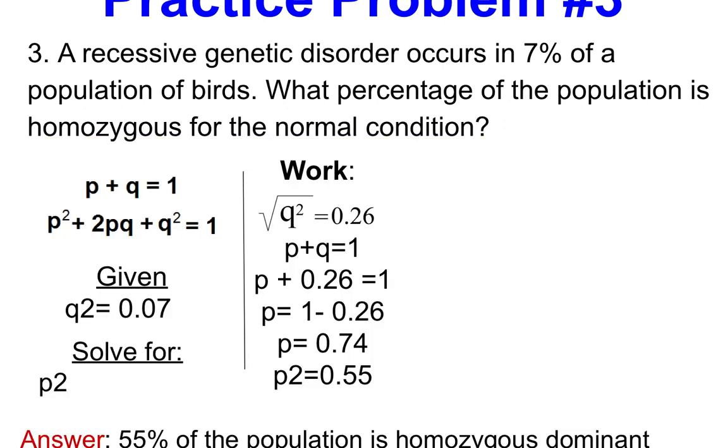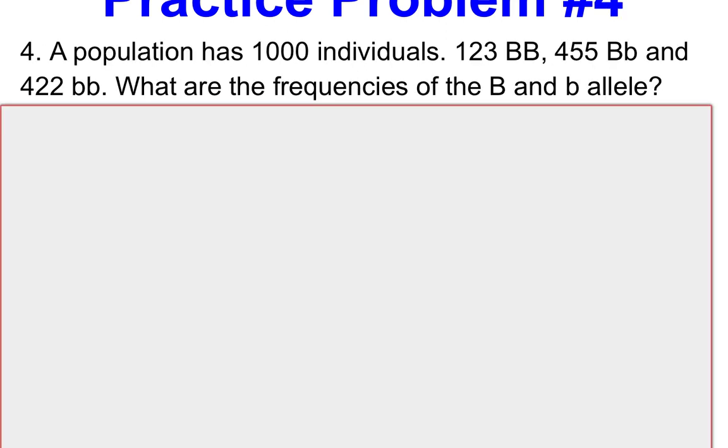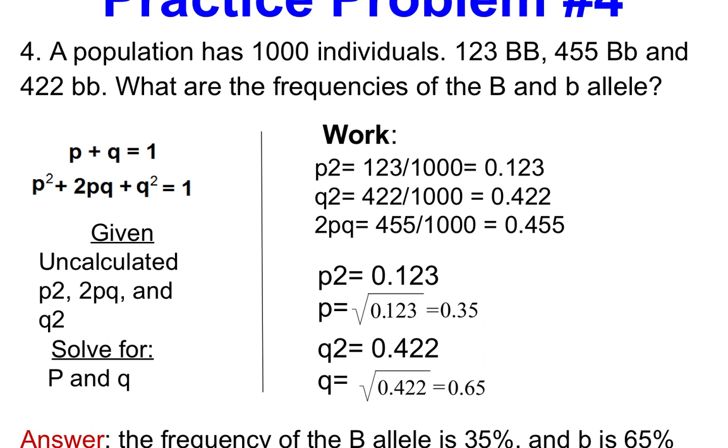And the answer to number 3, 55%. Try the last example here. And the answer is that the big B allele frequency is 35% and little b is 65%.